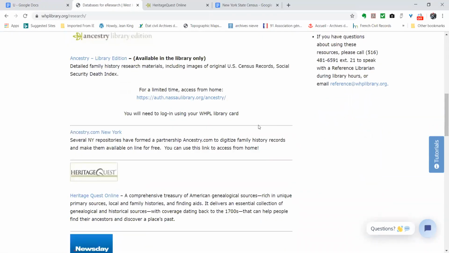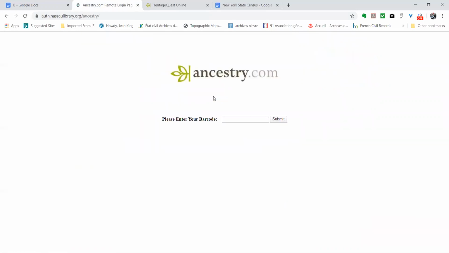Then here we have, under Ancestry, you can see it says for a limited time access from home. So that's what we're going to use today. But just to show you, down here is Heritage Quest. This one you can always use from home with your library card. So we'll put in our card.